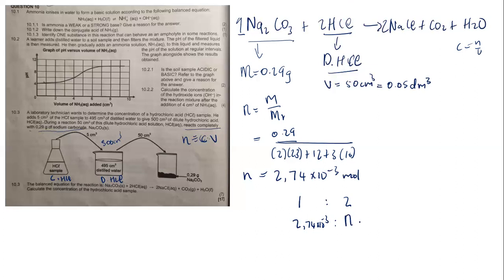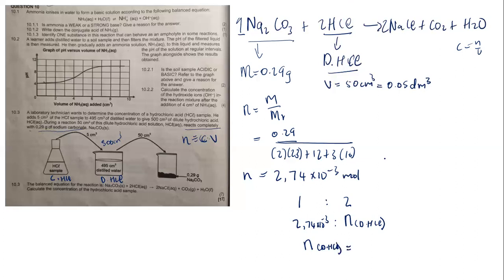I'm looking for the number of moles of diluted HCl, not concentrated HCl, and then I cross multiply. I'm going to say 1 multiplied by that. I'm going to have 1 n of diluted hydrochloric acid, which is going to be equal to 2 multiplied by this.